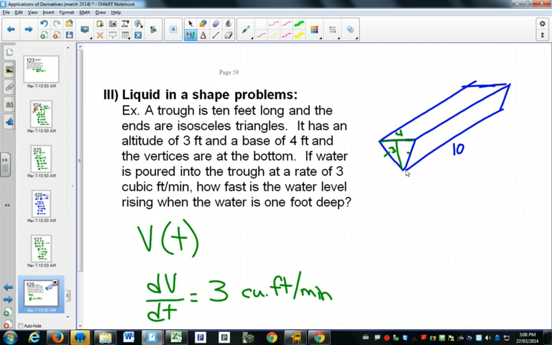How fast is the water level rising? So what would that be called? Rate of height. So we know that height is also a function of time, and we want to find dH/dt when it's 1 foot deep.